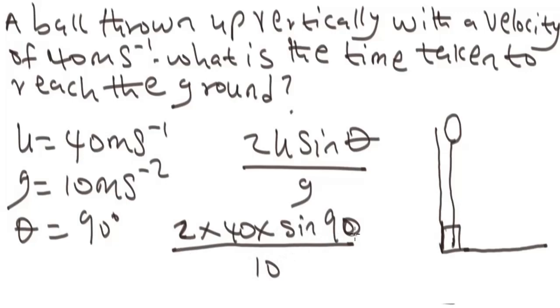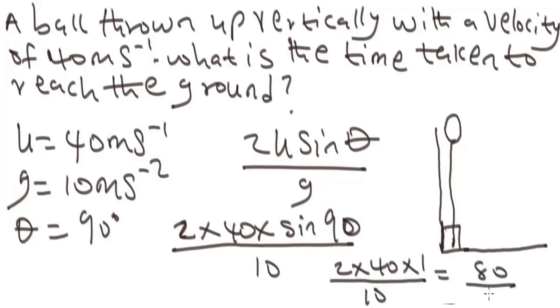When you simplify this, 2 times 40, sine 90 is 1 if you punch it in a calculator, over 10, which is 80 over 10. If you cancel that, our time of flight to reach the ground will be 8 seconds.